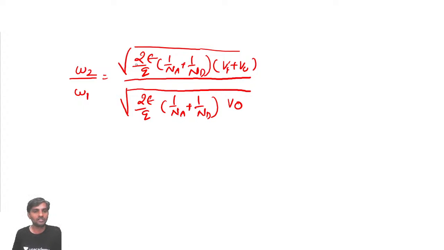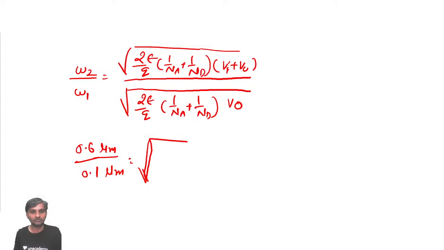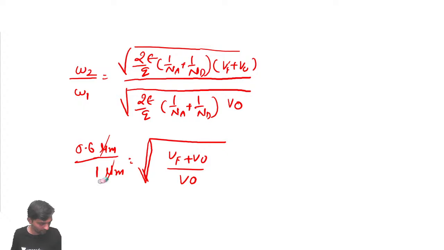So simply you substitute this: 0.6 micrometers by 1 micrometer. So everything will get cancelled. What will be remaining is VF plus V naught by V naught. Sorry, this is 1 micrometer, not 0.1. It's going to be 1 micrometer.